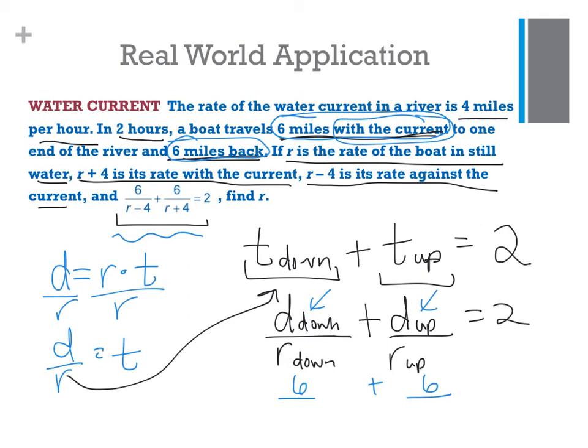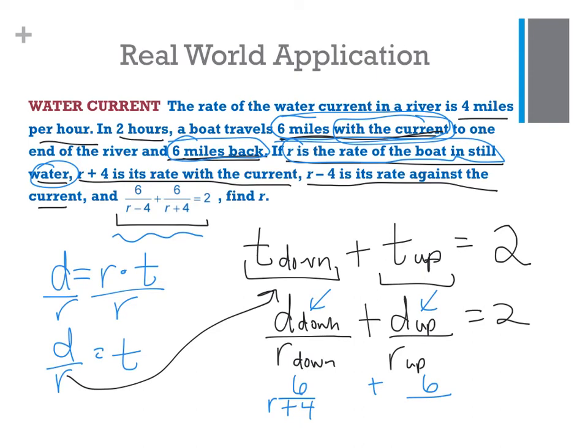So when you're with the current, if R is your rate in still water, then you're actually going to speed up because you have the current at your back pushing you downstream. So your rate is R plus 4.